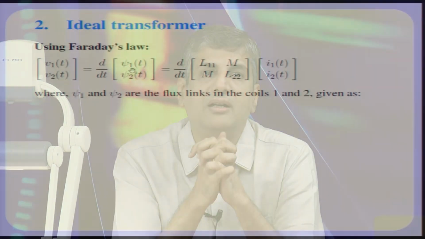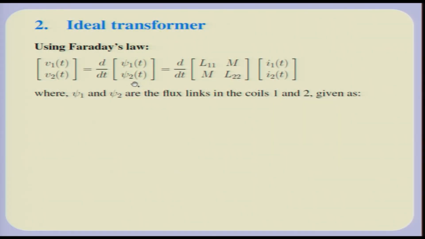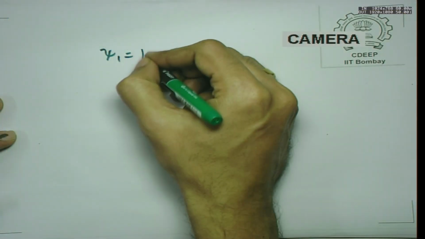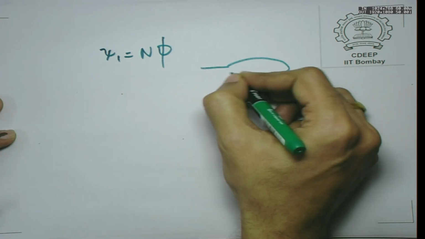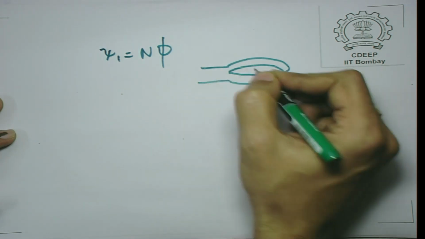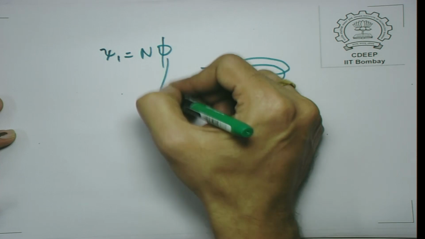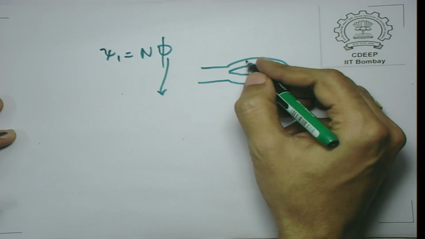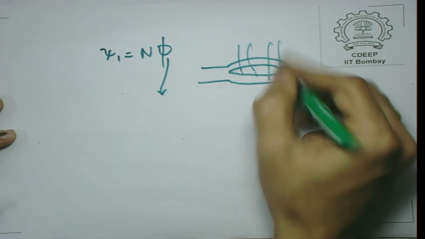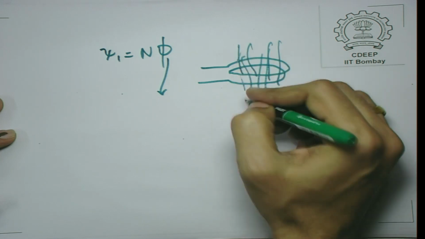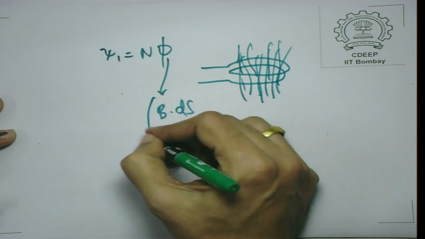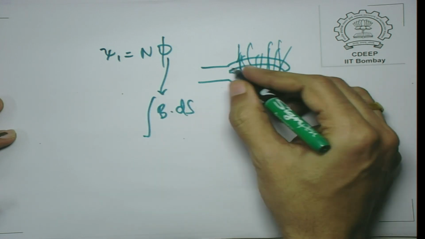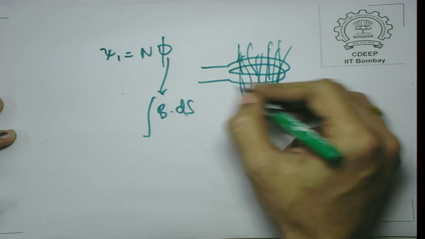So, you will find that psi 1 and psi 2 are n times the flux, that is, the flux linked is equal to n into phi. Okay. So, if you have two coils, the flux is related to how much B dot ds flows through the surface, which is bounded by this closed curve.